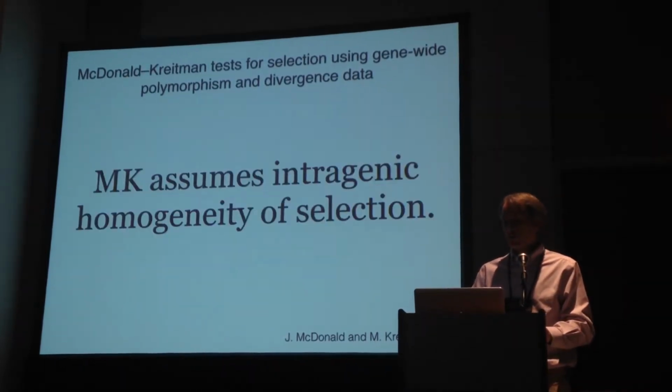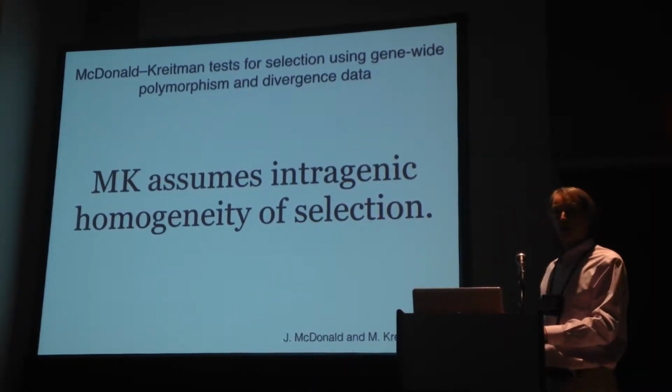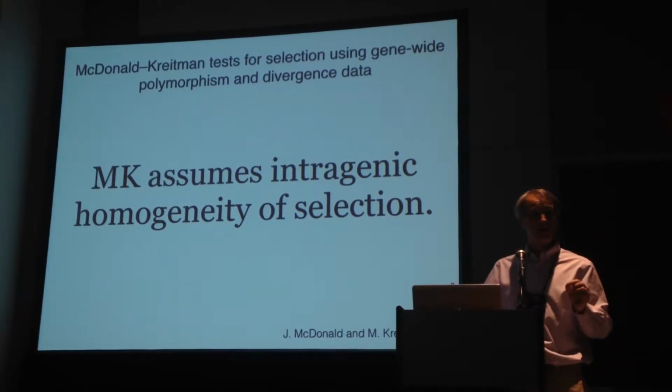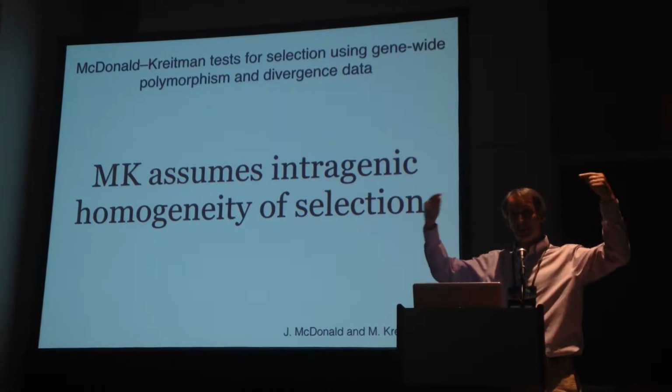The disadvantage of the McDonald-Kreitman test, in my view, is that it assumes intragenic homogeneity in selection. That is, implicitly, it assumes that all of the sites within a sequence are undergoing the same selection.